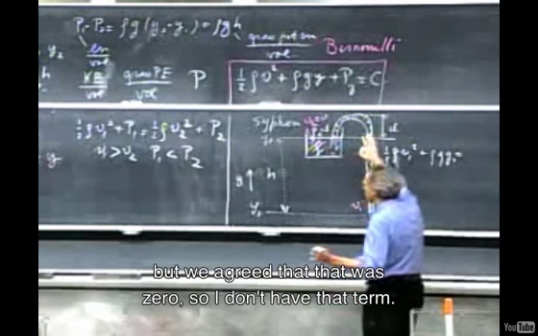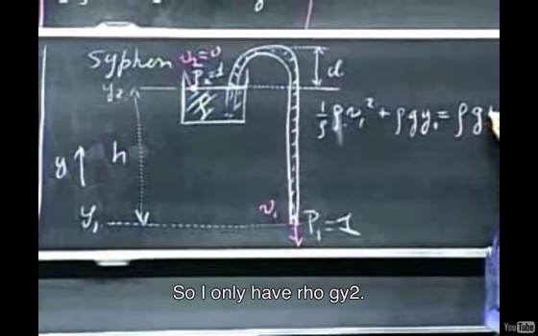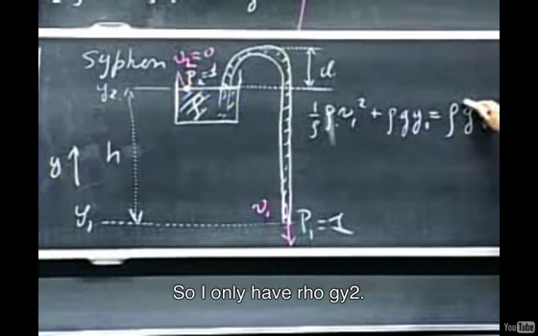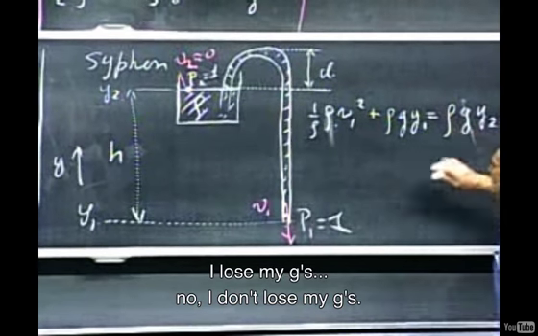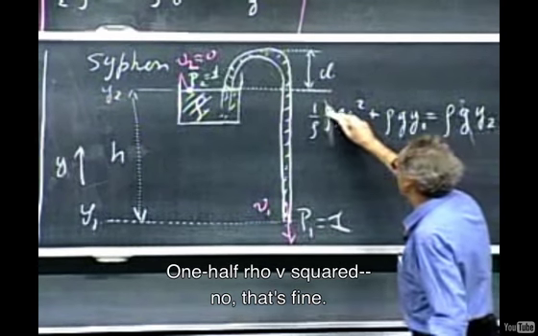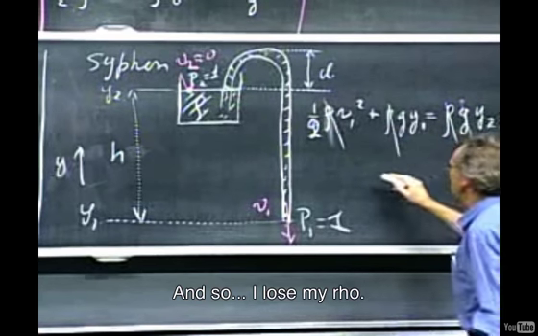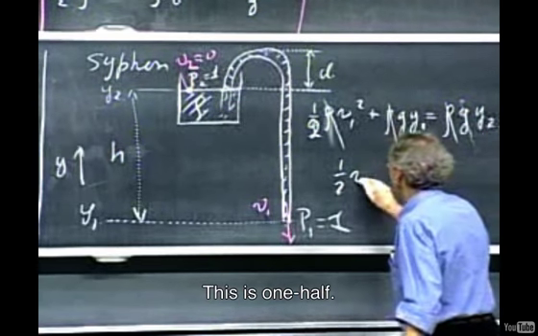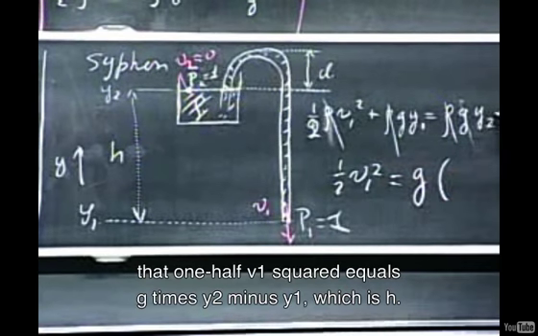So I only have rho G Y2. I lose my G's. No, I don't lose my G's. 1/2 rho V squared, no, that's fine. And so I lose my rho. This is 1/2. I lose my rho. And so you get that 1/2 V1 squared equals G times Y2 minus Y1, which is H.